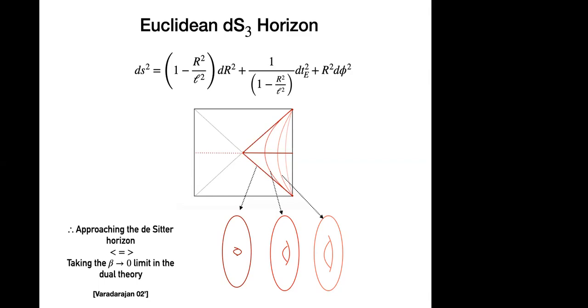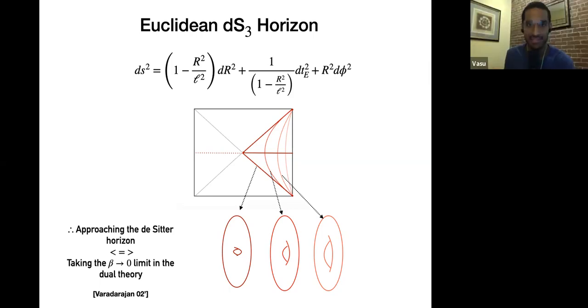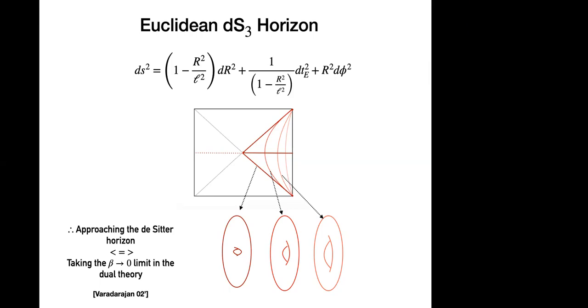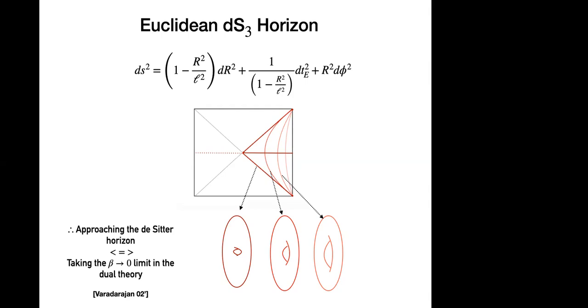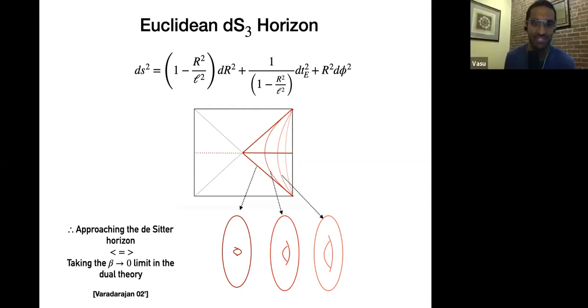And now your contractible cycle is t_E and the non-contractible is phi. Is that right? Yeah, exactly. Okay, thank you. Say again the last thing about the fibering and everything. Yeah, once more. So everybody, please make the mental replacement of the dr squared and the dt_E squared terms in this line element. Thank you very much for the comment, and I apologize for the typo.